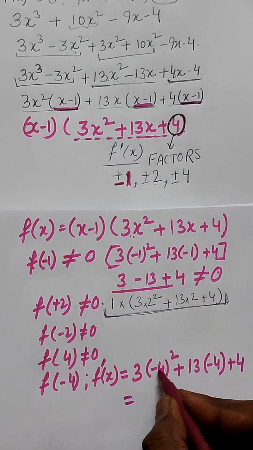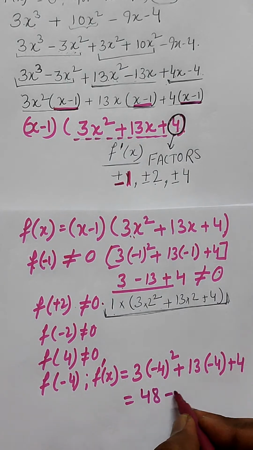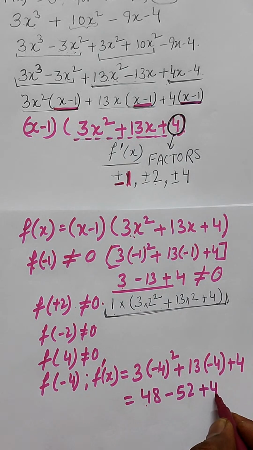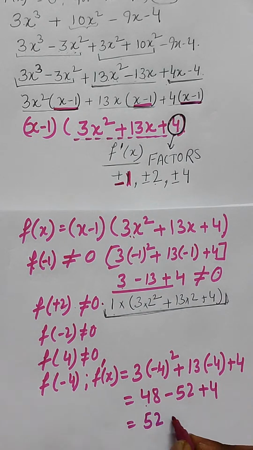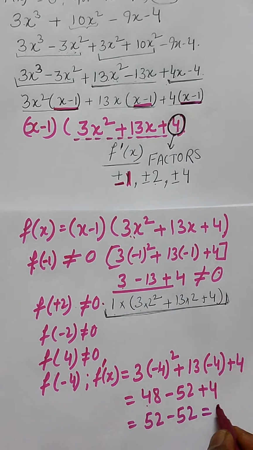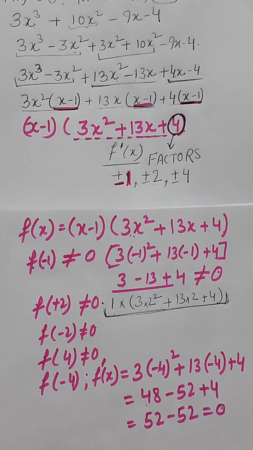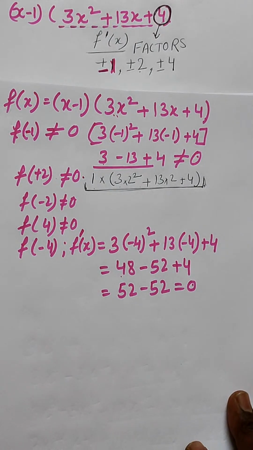And this will give you 4 4s are 16, into 3 is 48, 13 times 4 is minus 52, and plus 4. You can see 48 plus 4 is 52, 52 minus 52, so that is equal to 0. So we can say that the another factor which is coming in front of us is what?